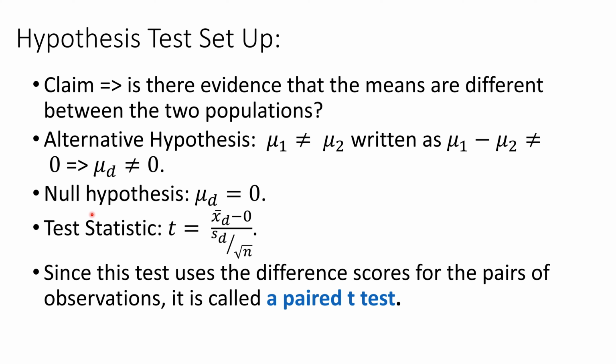The null hypothesis will be mu-d equals 0. The test statistic will be calculated as X bar D minus mu-d, divided by the ratio of the standard deviation and the square root of the sample size. Since this test uses the difference scores for the pairs of observations, it is called a paired t-test.